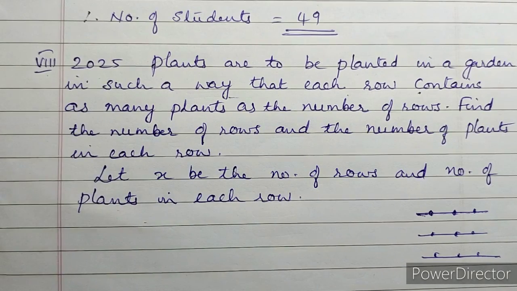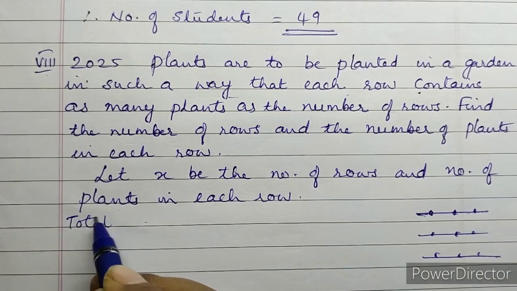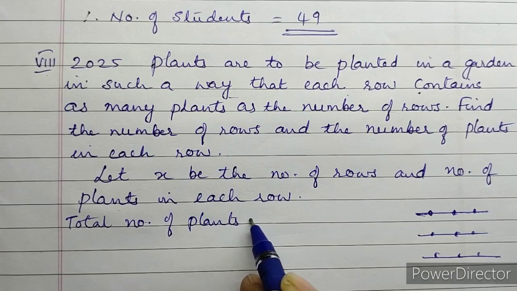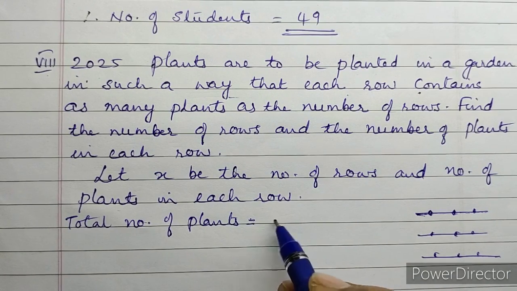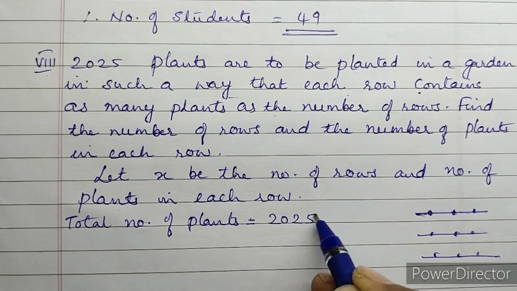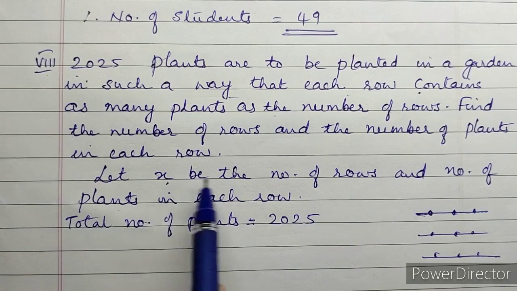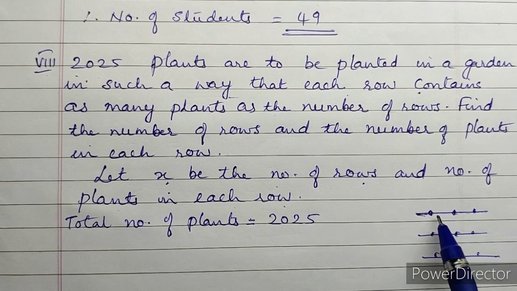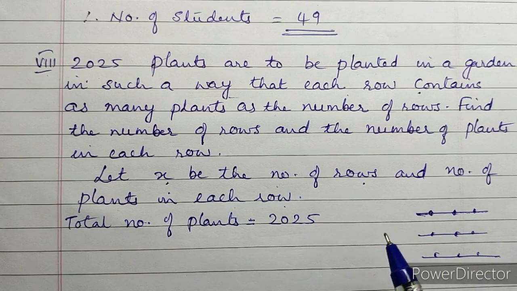And now the total number of plants is given as 2025. So x rows, x plants also.